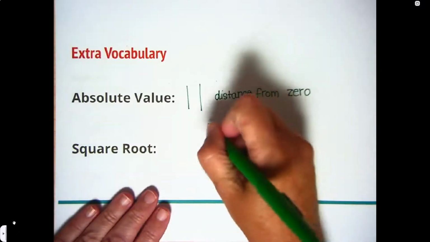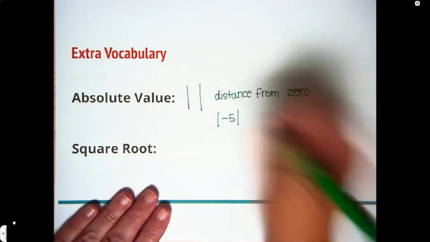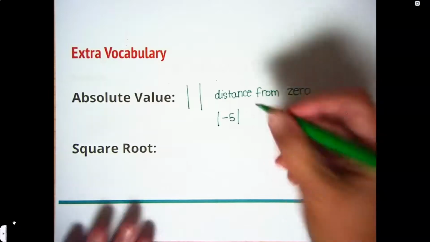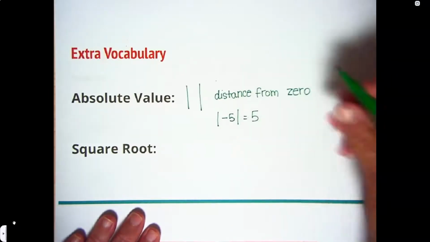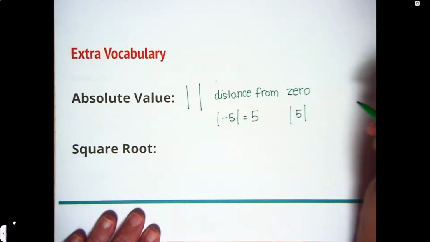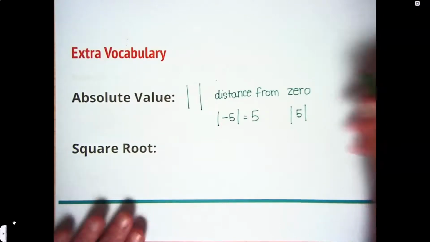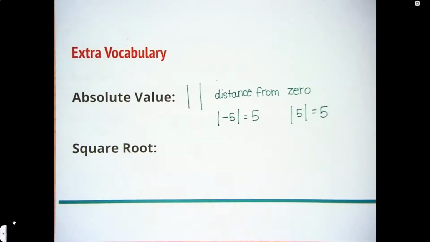So if I were to do the absolute value of a negative 5, I'm saying to you, how far is negative 5 away from zero on a number line? Well, you know that's 5 spaces. So the absolute value of negative 5 would be a positive 5. If I were to do the absolute value of a positive 5, again, that's saying how far is positive 5 away from 0 on a number line? Well, that's 5 spaces as well. So that's going to be 5 as well.